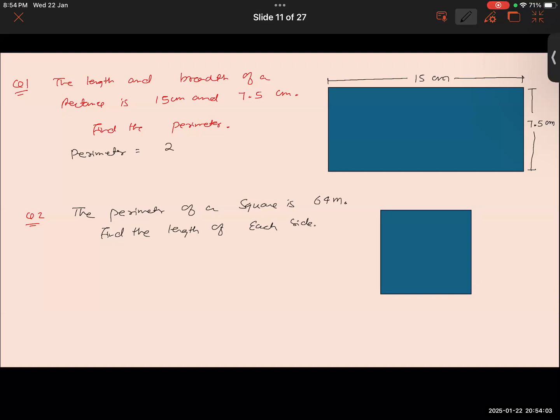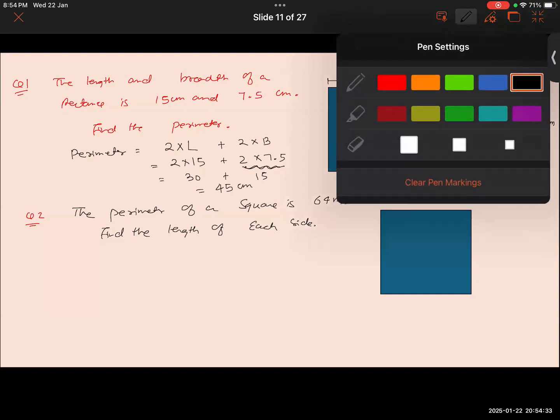It is 2 multiplied by L plus 2 multiplied by B, or you can simply say it as 2L plus 2B. So that is 2 times 15 plus 2 times 7.5. What is 2 times 7.5 equal to? 15. So thereby that is 45. What about the unit? Meter or centimeter? Meter. How is it meter? No, centimeter, sorry. Centimeter. No issues. Continue.